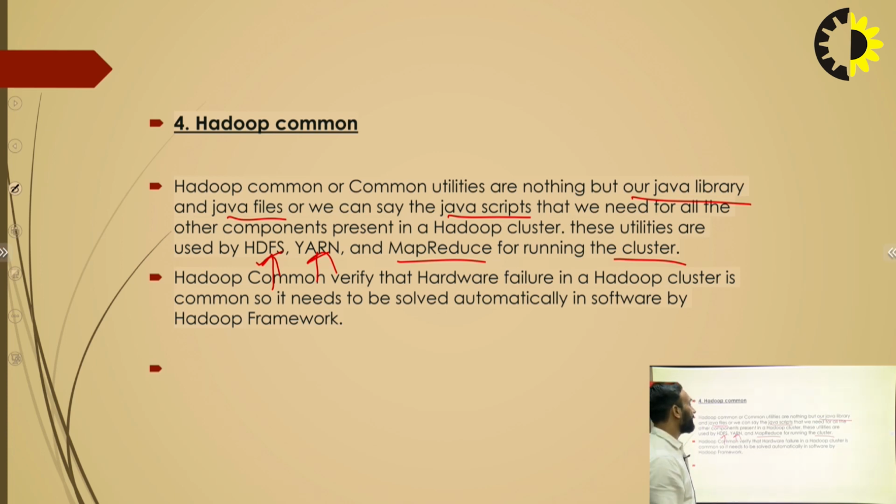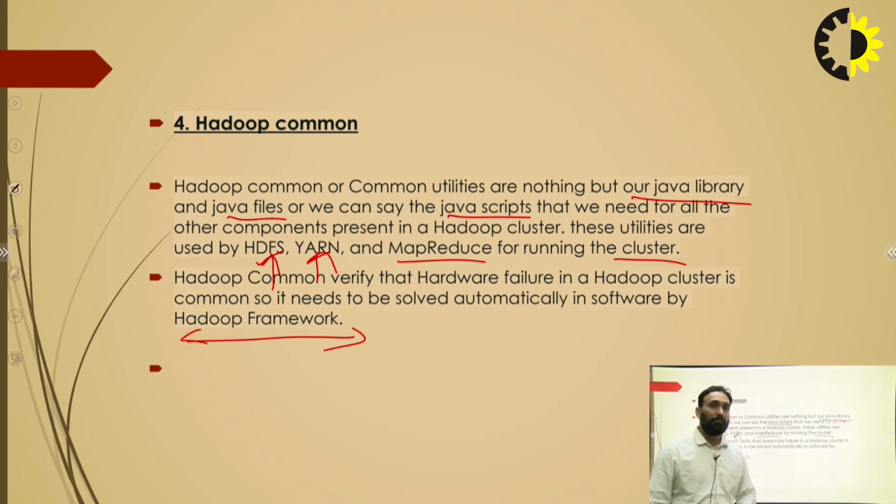Hadoop Common verifies that hardware failure in a Hadoop cluster is common, so it needs to be solved automatically in software by the Hadoop framework. That is also helpful if, for example, any node fails in the architecture, so it will recover with the help of the Hadoop Common library files stored in Hadoop Common, which will help to recover the node as early as possible, because if it were not stored there, that would be done manually.